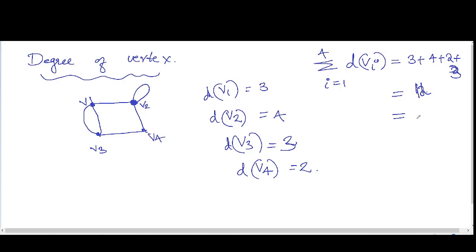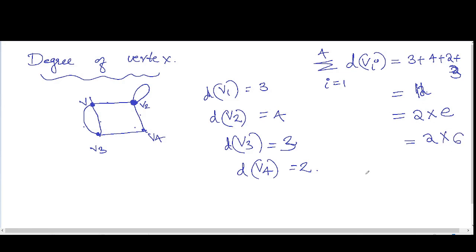So we can write this as 2 into E. What is E here? E is the number of edges. Here we can see that in total there are 6 edges: 1, 2, 3, 4, 5, 6. So this is 2 into 6 equal to 12.